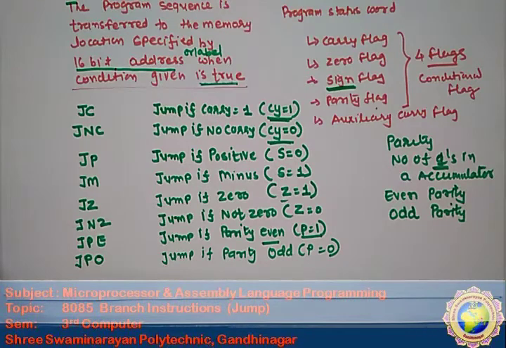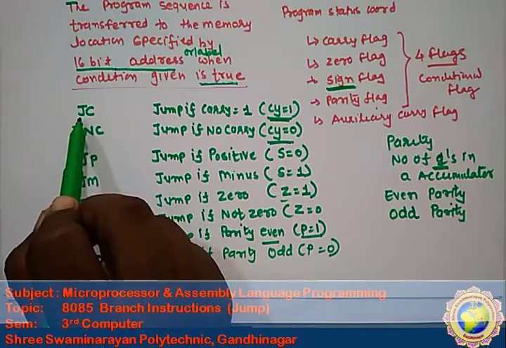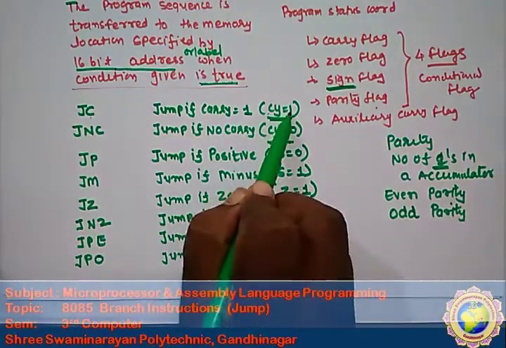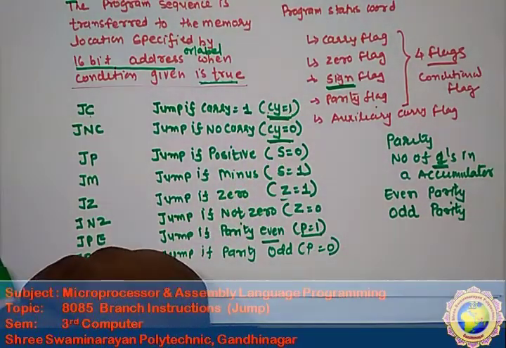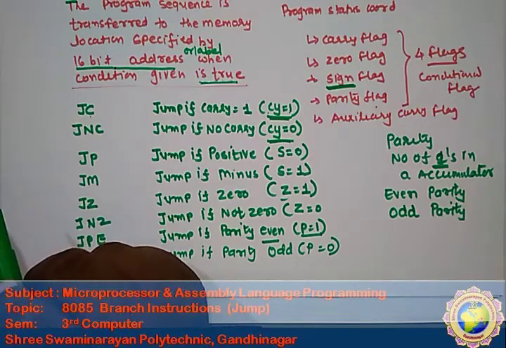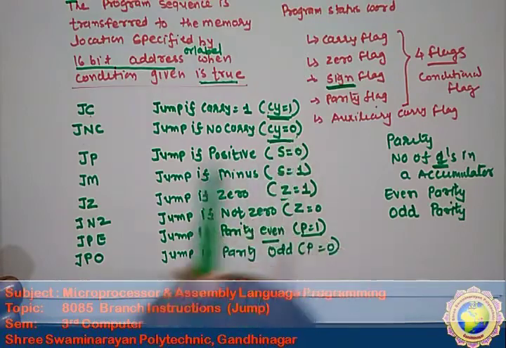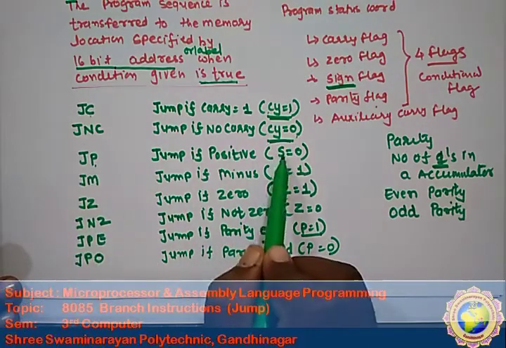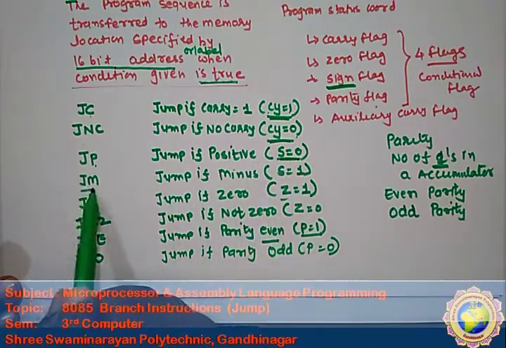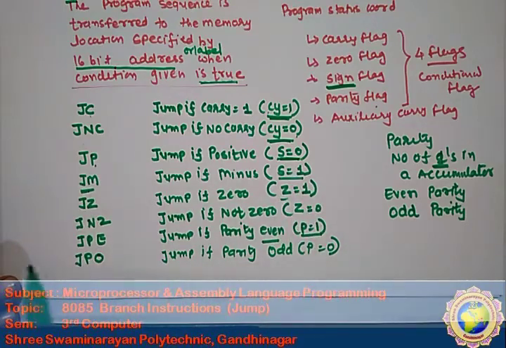So we have used here the 8 types of conditions. The first is jump if carry, equal to 1, means the CY flag must be 1. Jump if not carry means CY is equal to 0. Jump if positive means the sign flag must be 0. Jump if minus, sign flag must be 1.